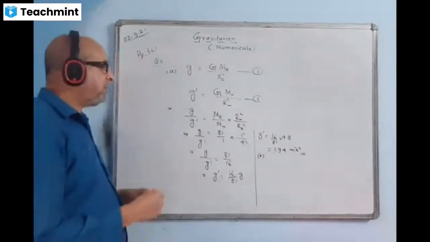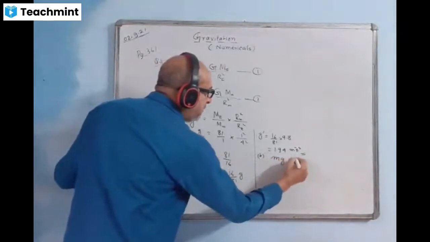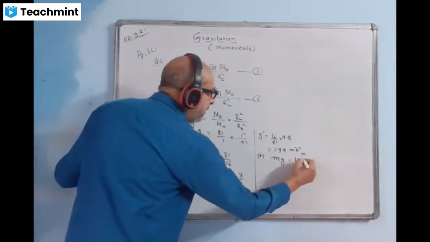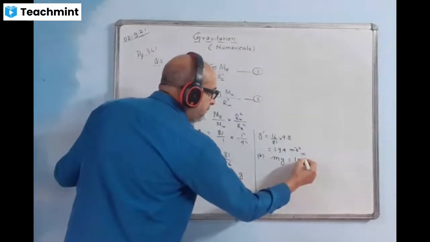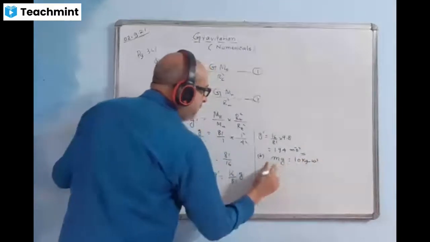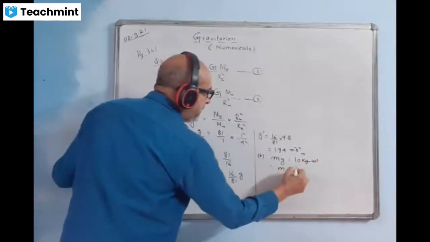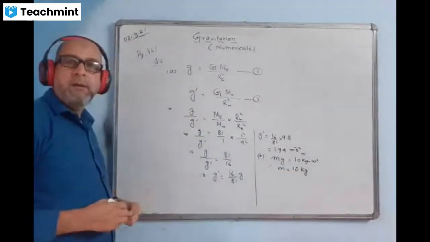On the surface of the earth, I'll write the formula: weight means mg, and the value is given 10 kg weight. Therefore, the m value will be 10 kg. Mass will be 10 kg.